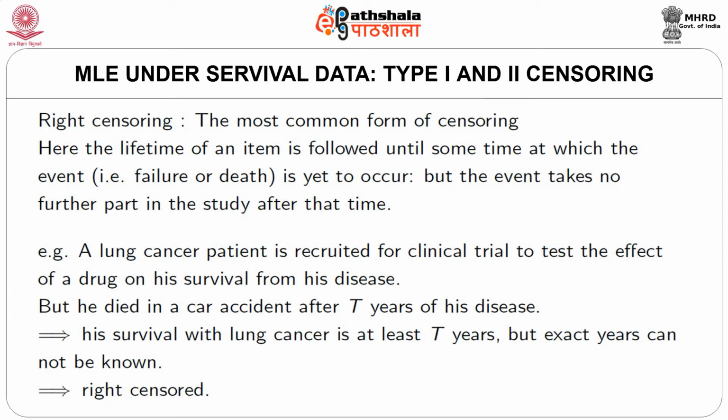As an example, a lung cancer patient is recruited for a clinical trial to test the effect of a drug on his survival from lung cancer. But suppose he dies in a car accident after T years of his lung cancer discovery. This implies his survival with lung cancer is at least T years, but the exact years cannot be known. So, clearly it is a right censored situation.